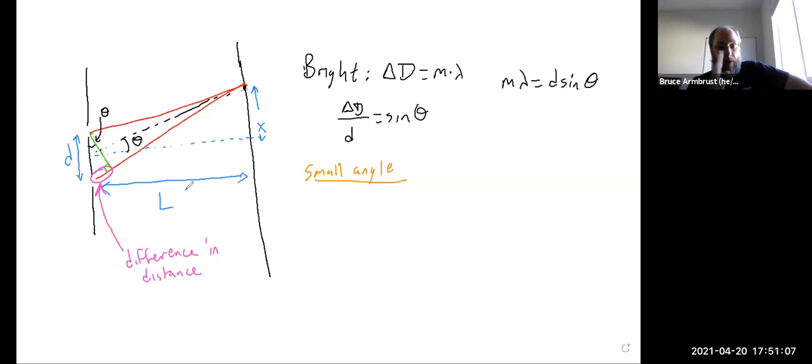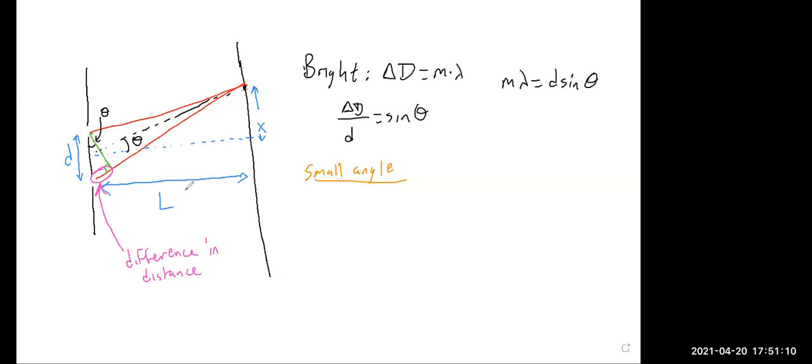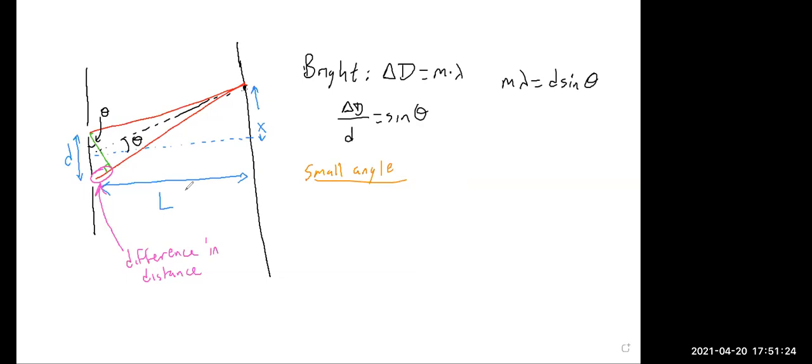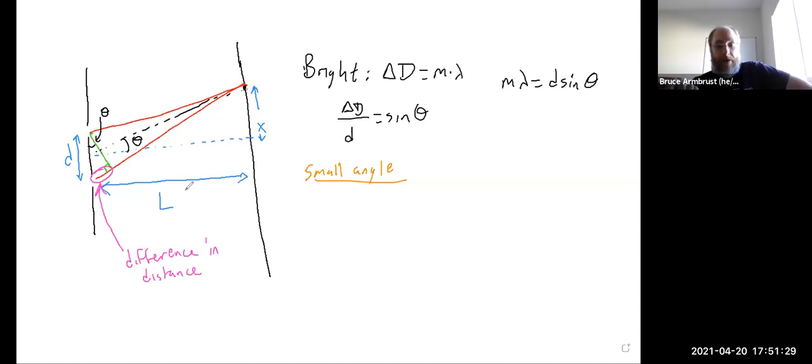And the distance of the screen to where you were projecting the slits was meters? Yep. So L is a couple meters, X is a couple of centimeters, so you're going over 100 and up 1.